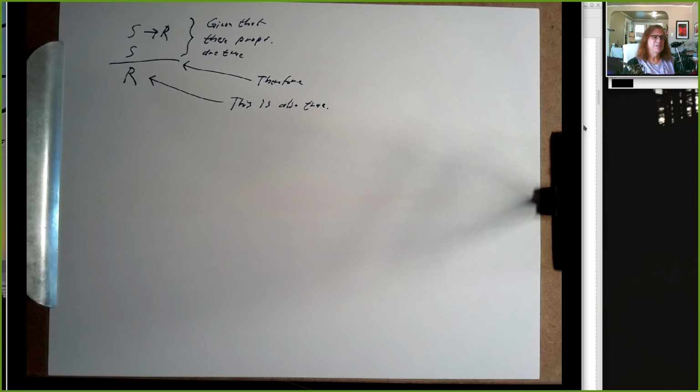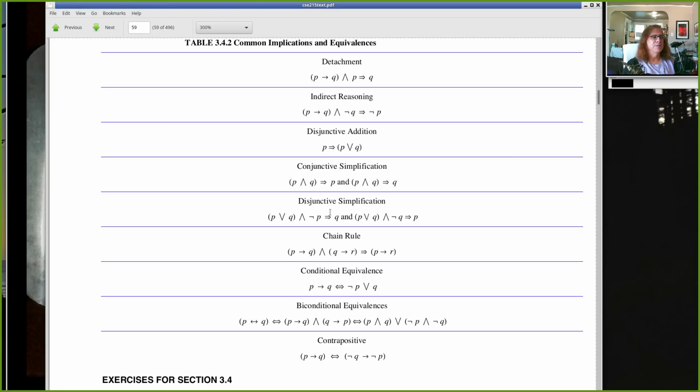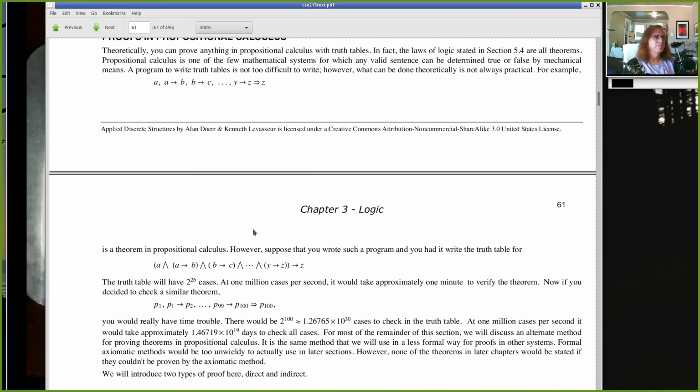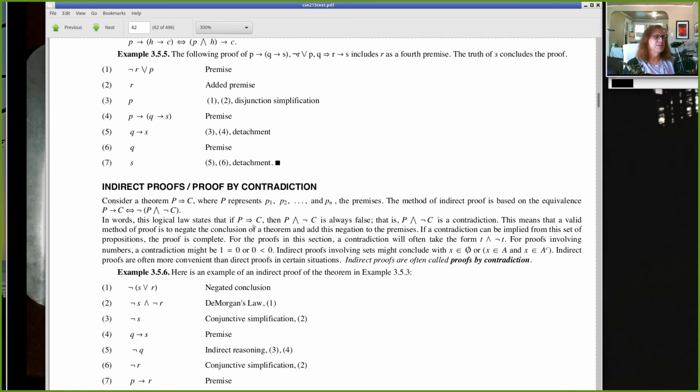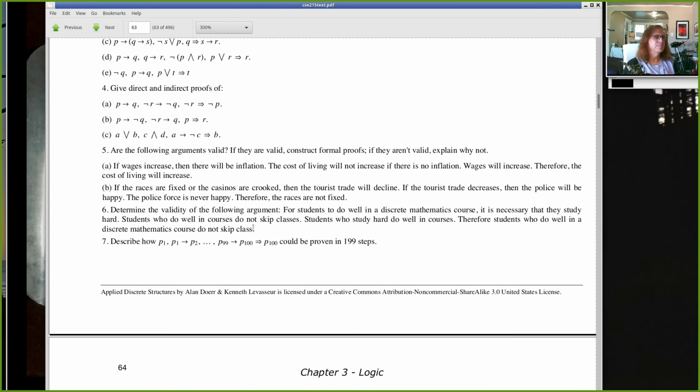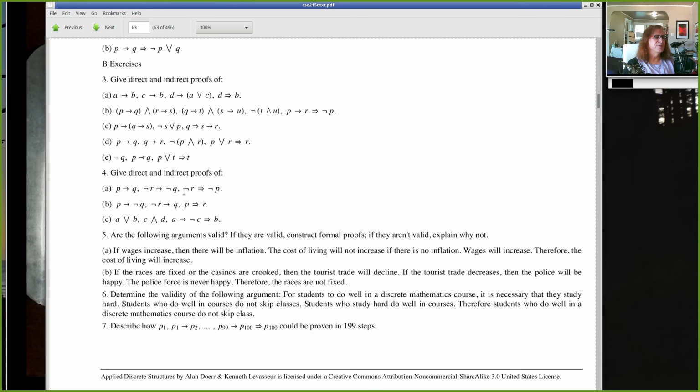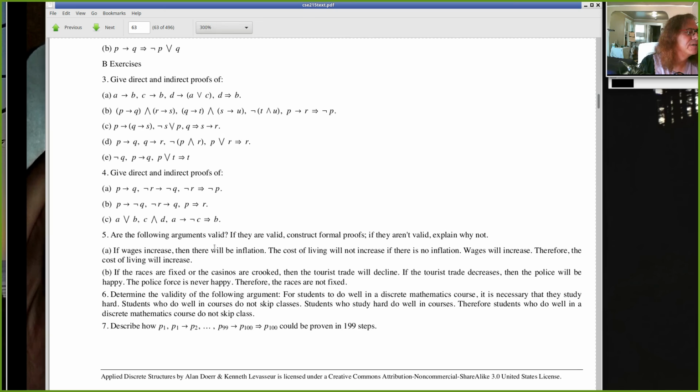And so when we're asked to prove, for example, these questions in section 3.5, give direct proofs of, and let's just look at part A. So part A says if P then Q is assumed to be true.